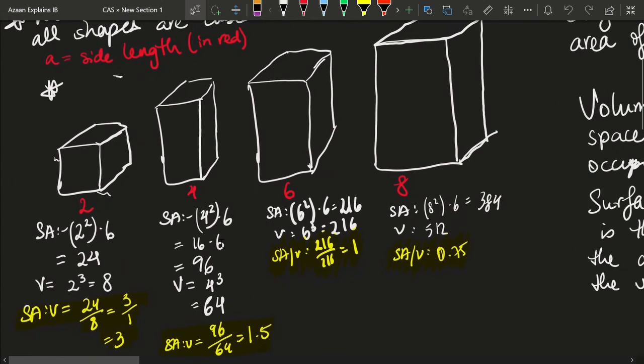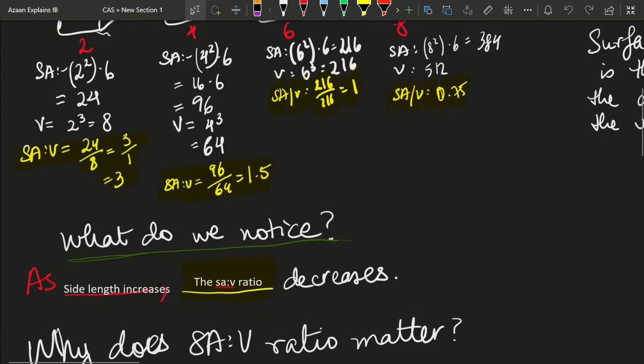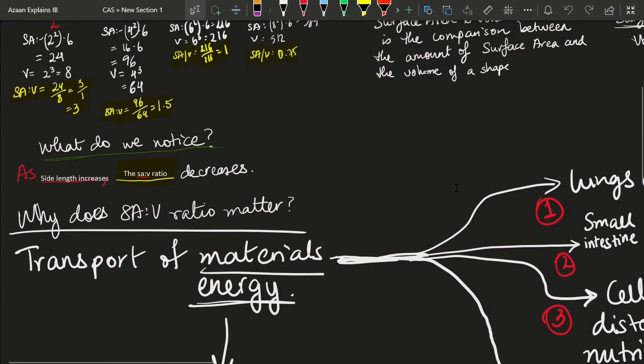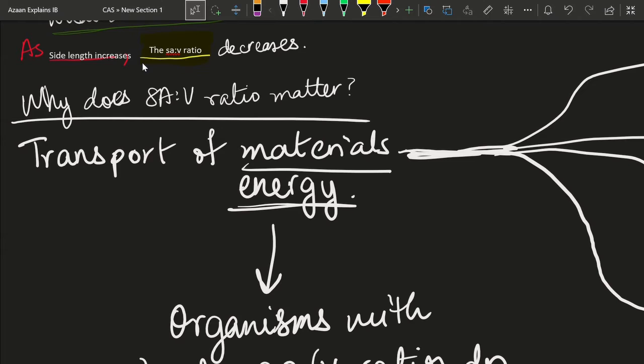If I zoom out a little bit, you'll notice a pattern: as the side length increases, the surface area to volume ratio starts to decrease. So far we've covered the mathematical side of the chapter.